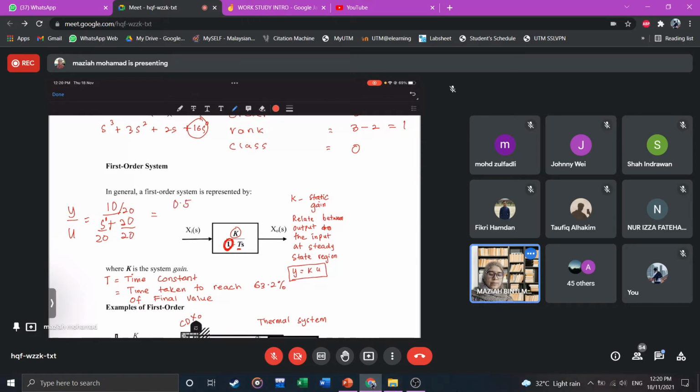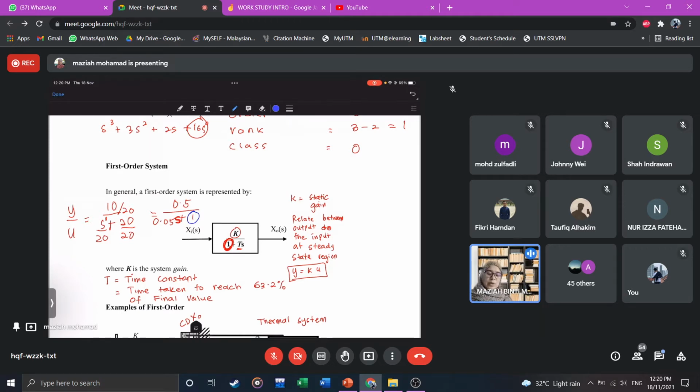The numerator 10 divided by 20 gives 0.5. Then 1 divided by 20 is 0.05, so we get 0.05 s. Right. By rewriting the equation in the form of the general transfer function, we can see the term 1 is visible there.